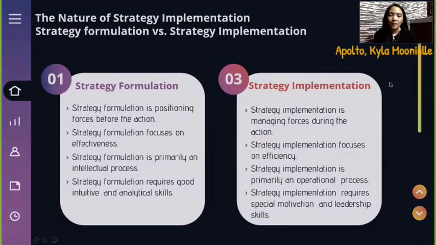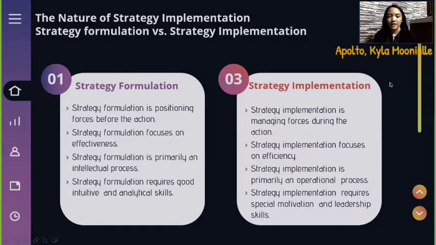So let us now compare strategy formulation from strategy implementation. Strategy formulation is positioning forces before the action, while strategy implementation is managing forces during the action. Strategy formulation focuses on effectiveness, while strategy implementation focuses on efficiency.